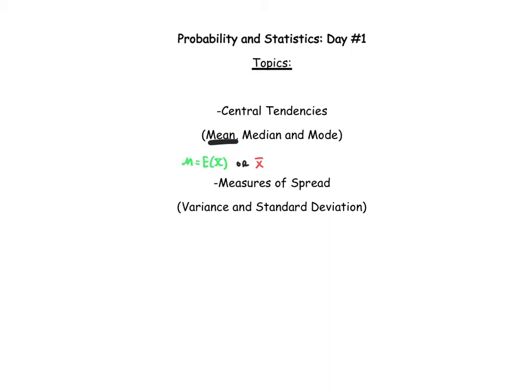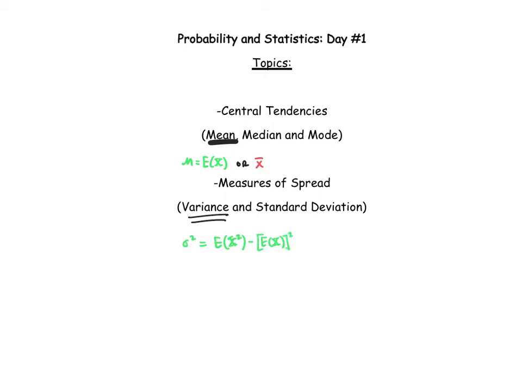Okay, variance. Variance is referred to as sigma squared, which is actually related to the expected value of x. It will be the expected value of x squared. We'll talk about what that means in a little bit, as well as the expected value of x, right, or the mean, squared.